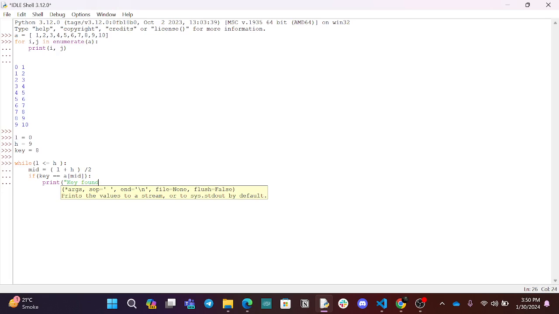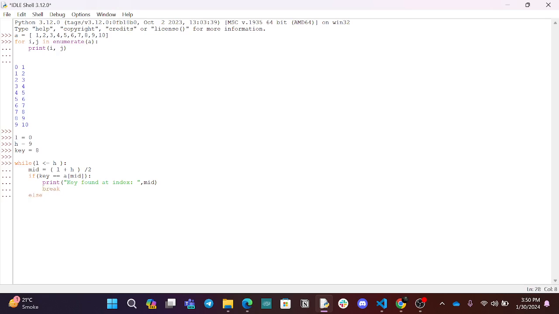Key found at index, which is midpoint. In a binary search algorithm, our value is always found at midpoint. You must keep it in your mind.